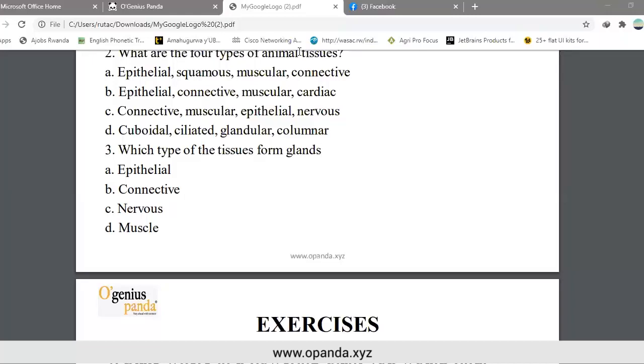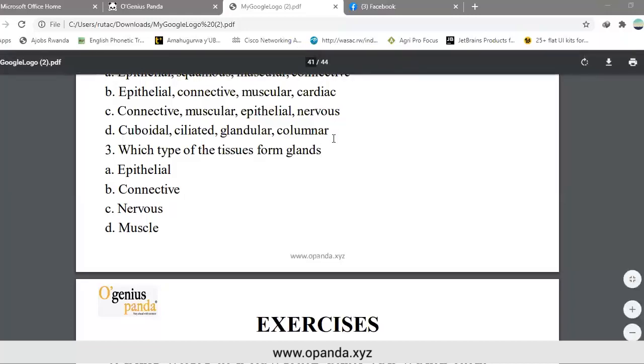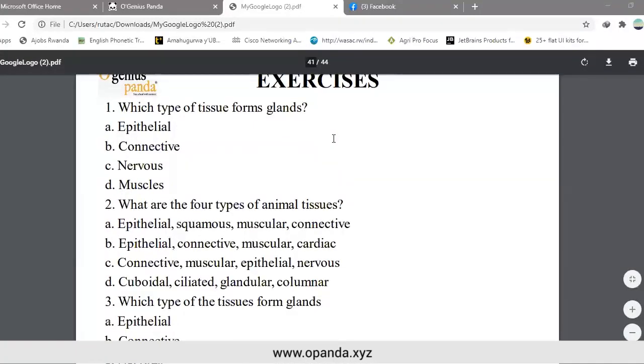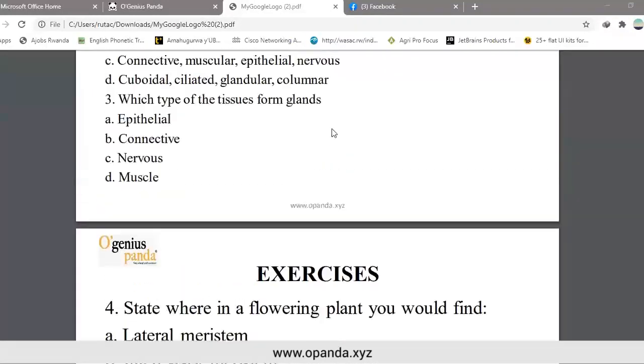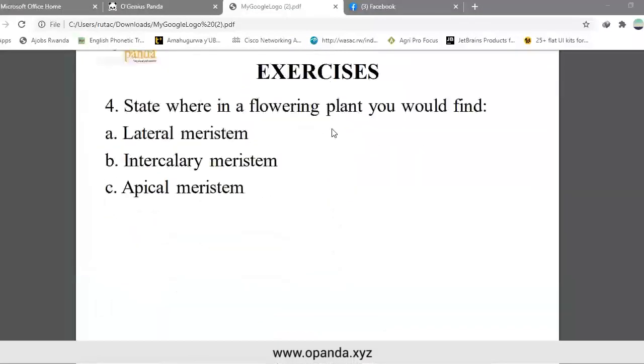Okay, for the question number 3, which type of tissues form glands? I think D. Muscles. It is like number 1. Sorry, the question was repeated.